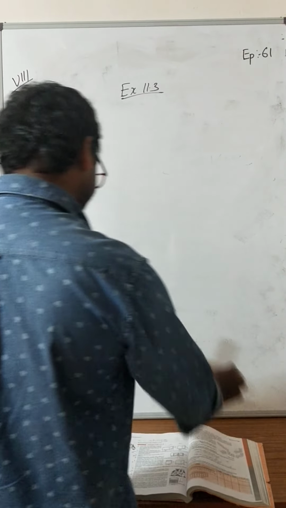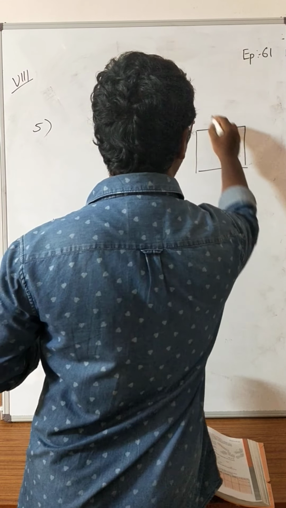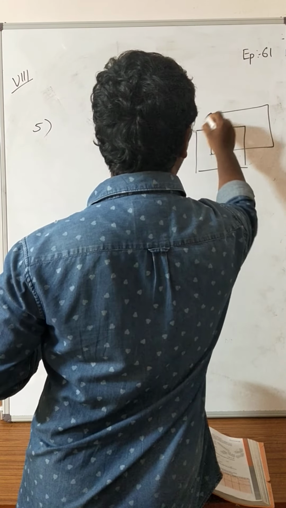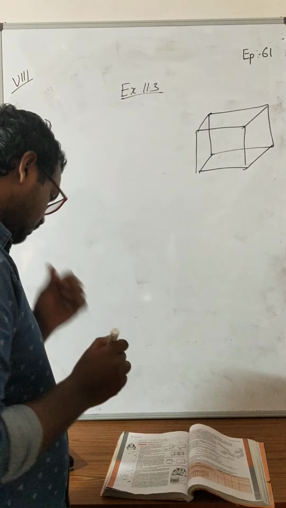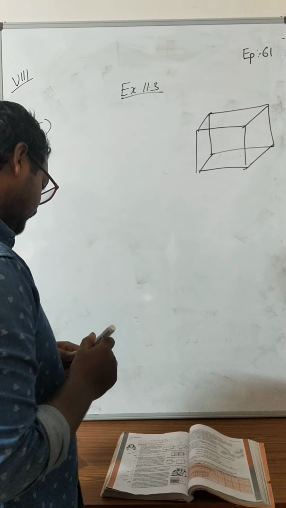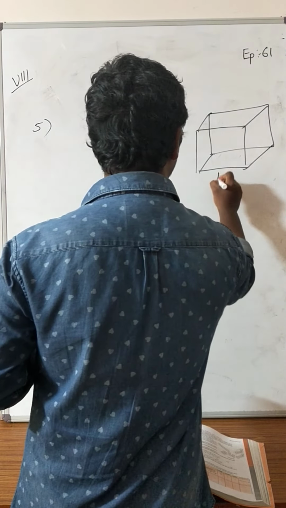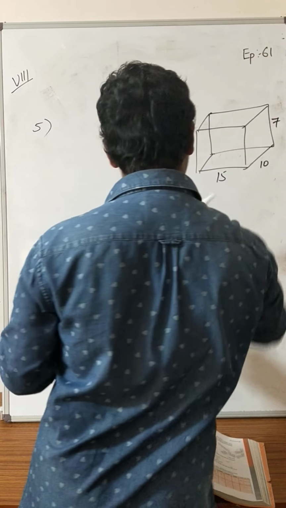So here Daniel is painting a wall. Here we have a cuboidal room, this cuboidal hall, which has length 15 meter, breadth 10 meter, height 7 meter.